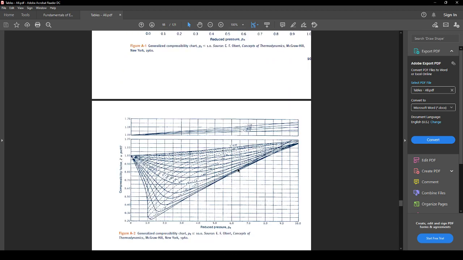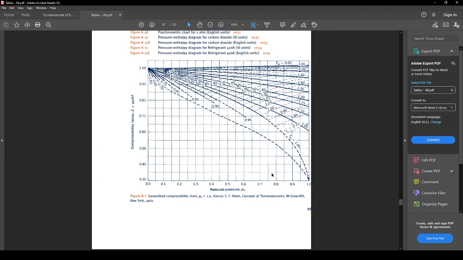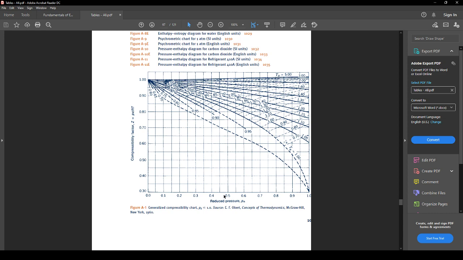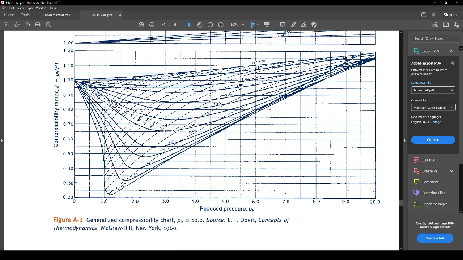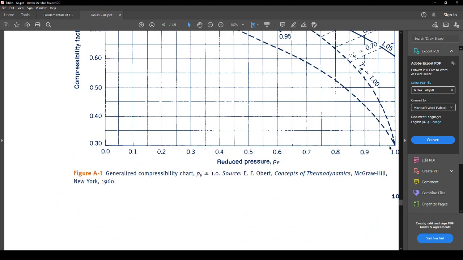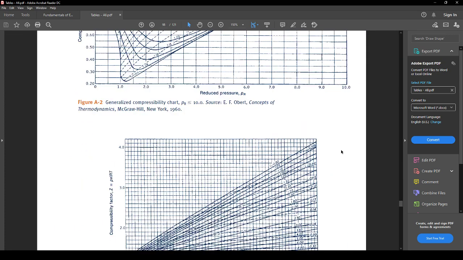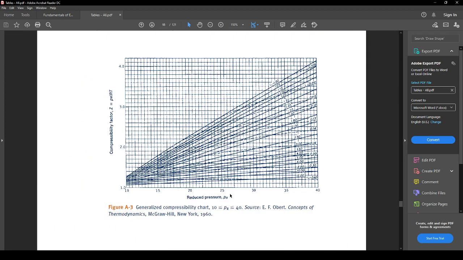So right here is one of them. This is a more zoomed in version right here, and then this one is further out, right? So this is PR less than or equal to 10. This is PR less than or equal to 1, right? And then this is PR in between 10 and 40, okay?